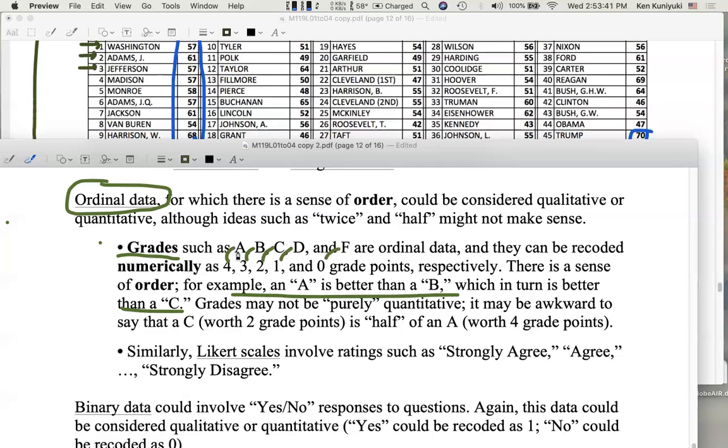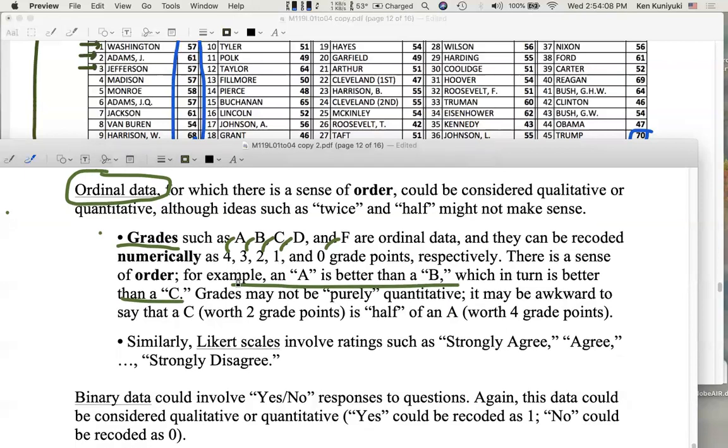So you can recode these letter grades numerically. Still, these can represent ordinal data, although they look more numerical. They are numerical, but maybe not fully quantitative. Okay, so I guess the letter grades are like ordinal data in the guise of qualitative data. The corresponding grade points here are ordinal data sort of in the guise of quantitative data.